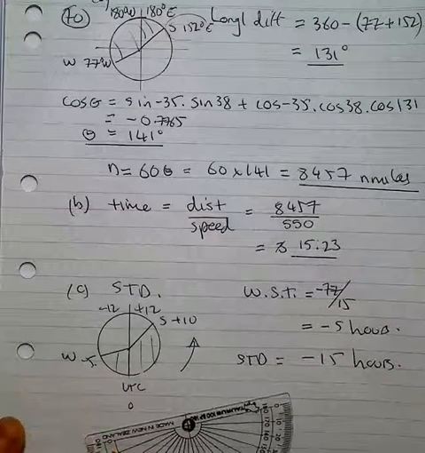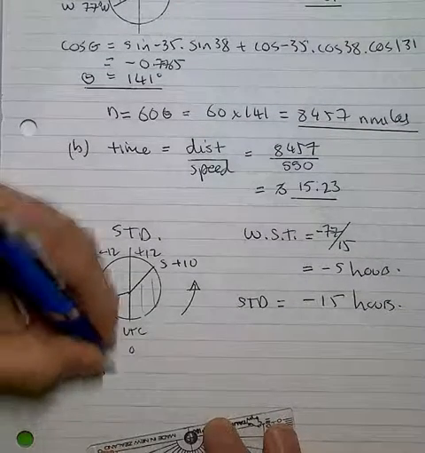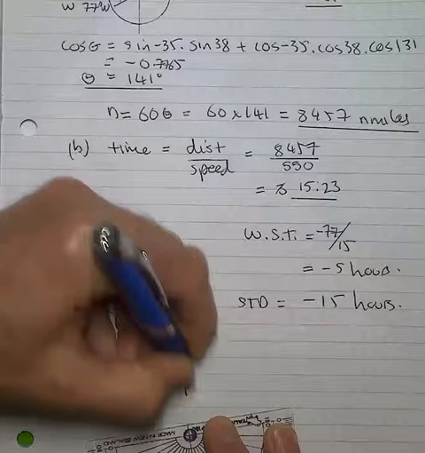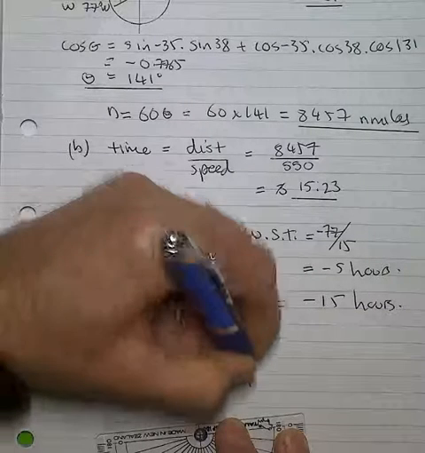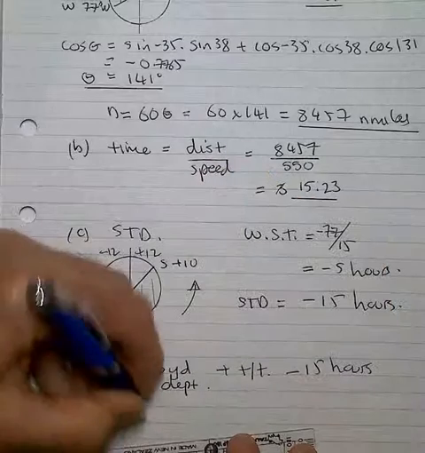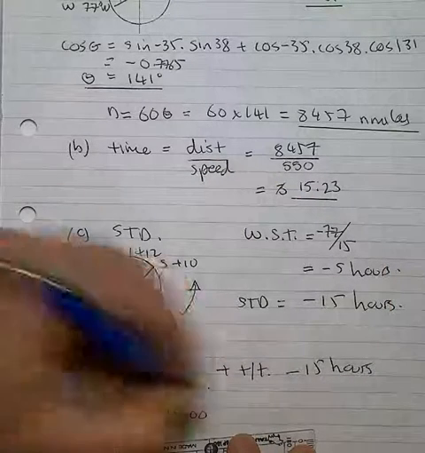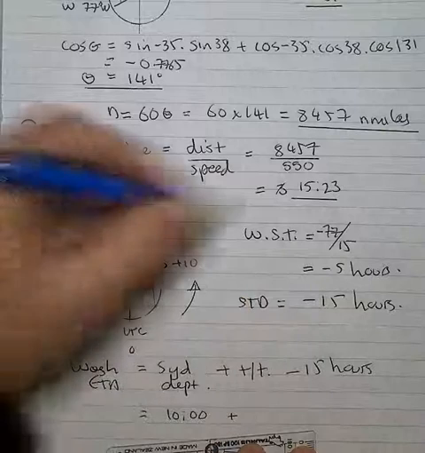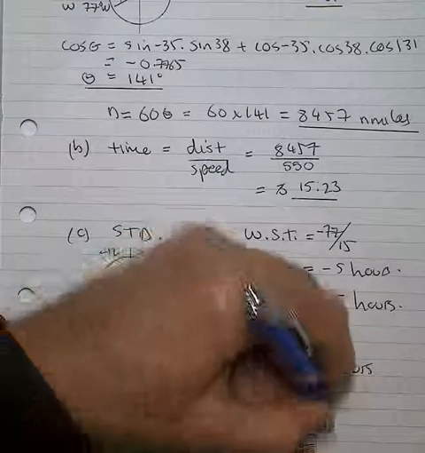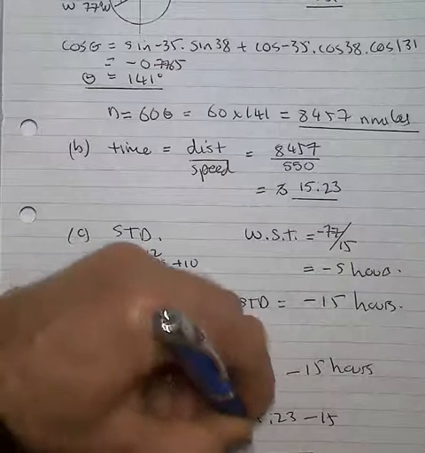I'll now work out the Washington ETA. So it's 10 o'clock plus the 15:23 we established earlier, minus 15, which is 10:23 the same day.